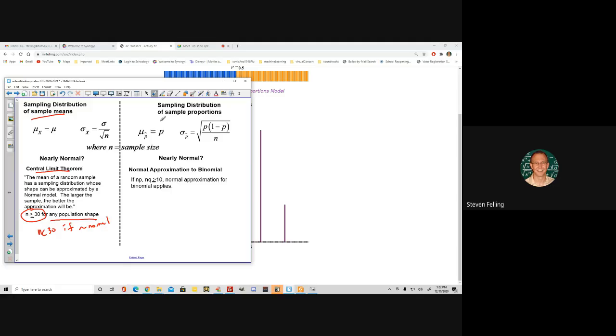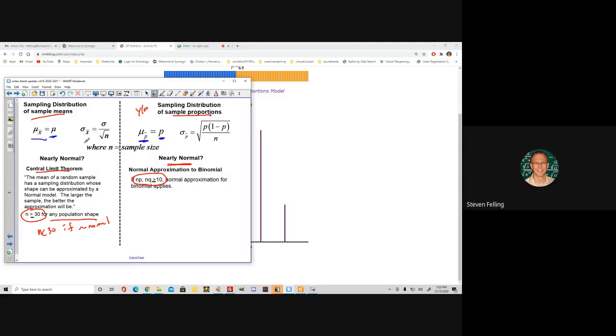Now we're saying for the yes-no categorical case, where we're talking about proportions instead of means, then for us to have a nearly normal approximation, NP and NQ have to be at least 10 so that the normal approximation applies. The other thing is that we have slightly different formulas. The mean of the means matches the population mean. The mean of the proportions matches the population proportion.